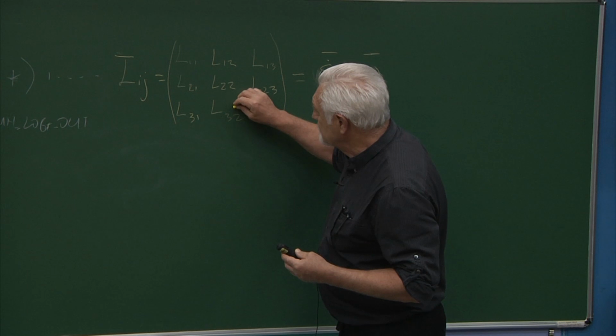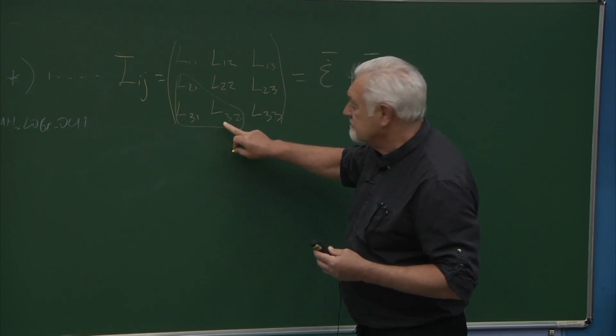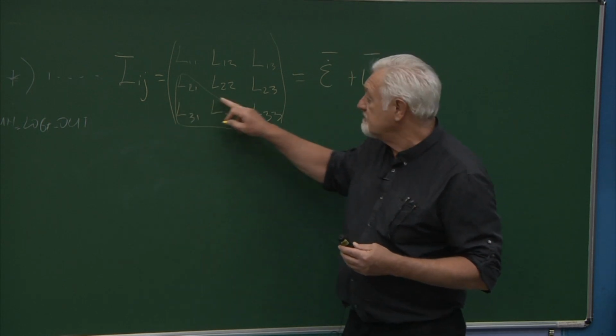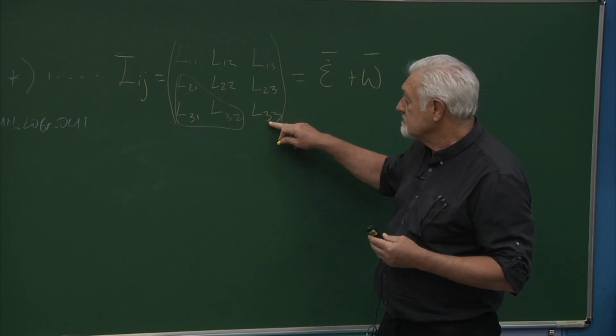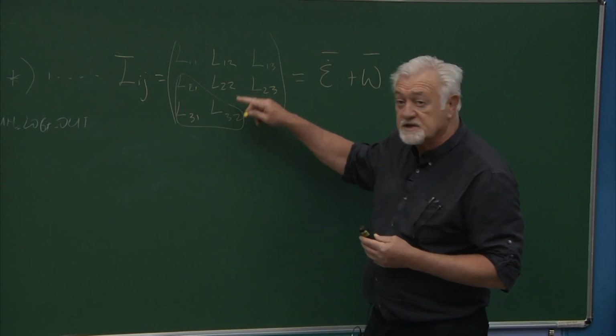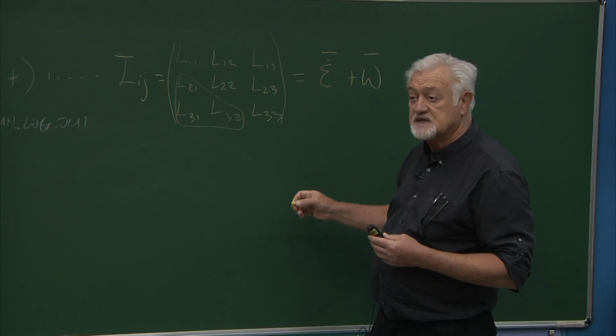You have to enforce three of the velocity gradient components. So you have nine components in these tensors, but you can only enforce 6.